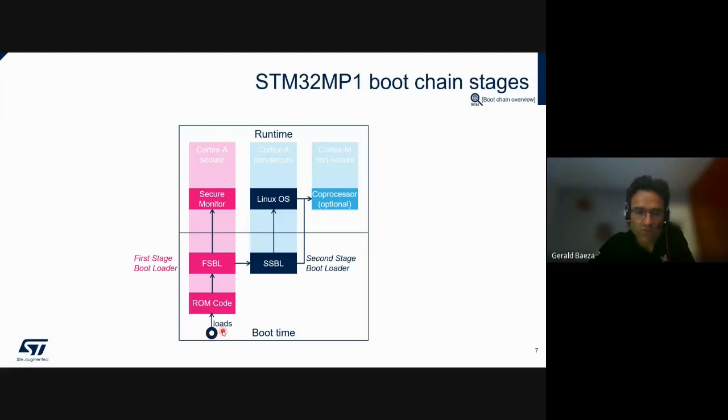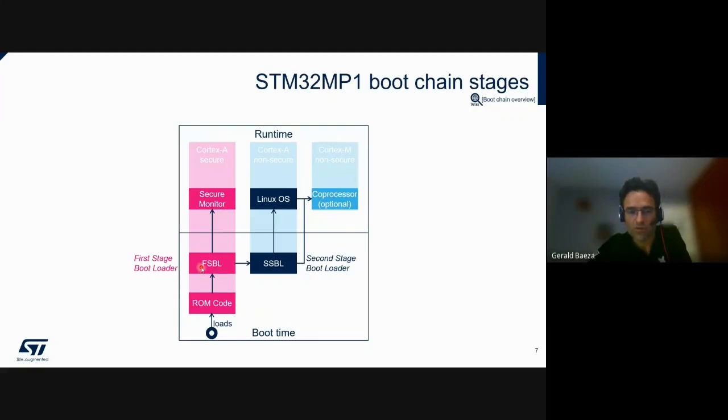When you put the power supply on the platform, first it will execute the ROM code, that is the part embedded directly in the STM32MP1. The ROM code will load and jump to what we call the FSBL, the first stage bootloader.